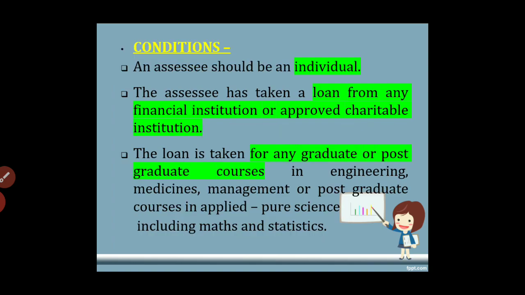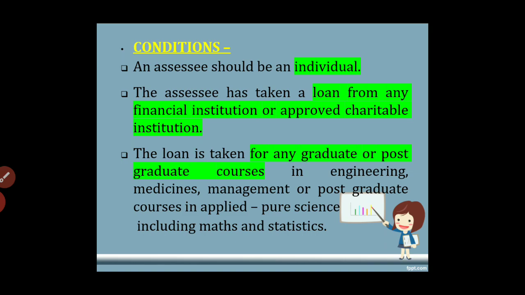Now what are the basic conditions? Number 1, the assessee should be an individual. That means any individual assessee can claim this deduction. Second point, the assessee has taken a loan from any financial institution or approved charitable institution. That means the education loan should be taken from a financial institution, that means a bank or other approved financial institution, NBFC, banks, any cooperative banks, right?